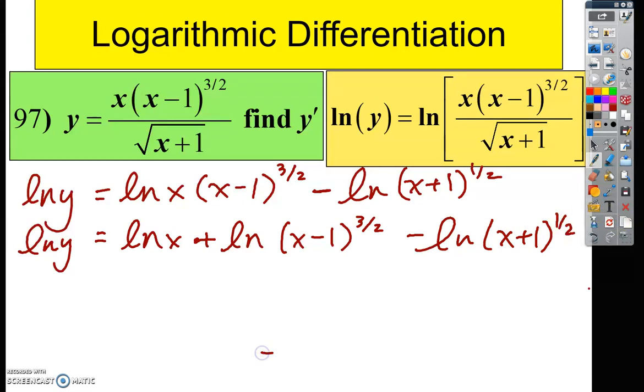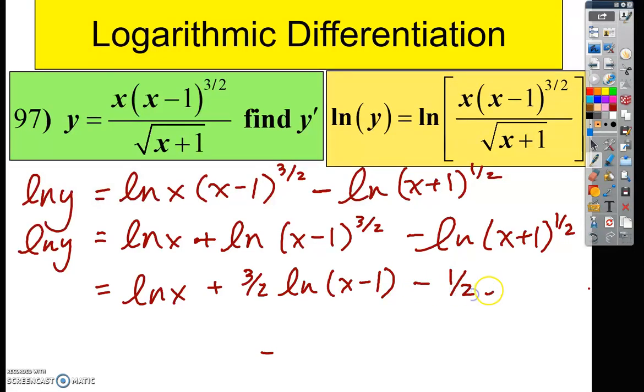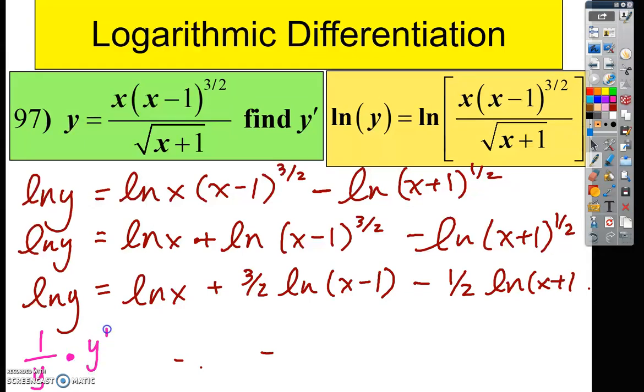I'm going to use some power rules here. ln of x plus 3/2 ln of x minus 1 minus 1/2 ln x plus 1 equals the natural log of y. Now we're going to take the derivative of both sides. And so we have 1 over y, I really like this color pink I suddenly chose, times y prime, or dy dx.